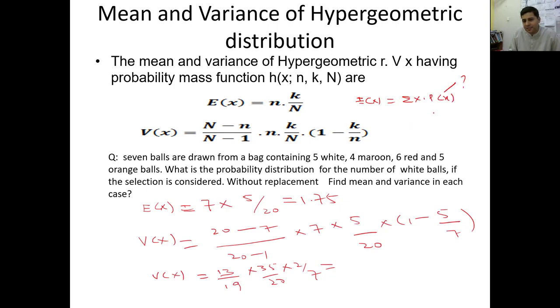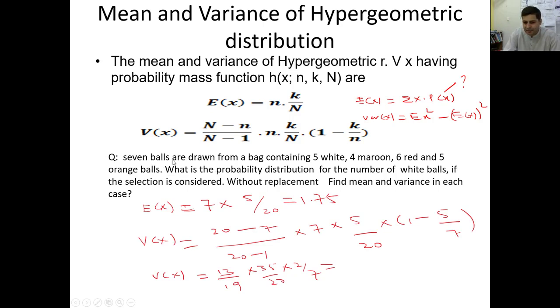For variance, E(x square) minus E(x) whole square is a little bit difficult to calculate, but if you know this formula, it will be very easy to calculate the mean and variance for a specific question.